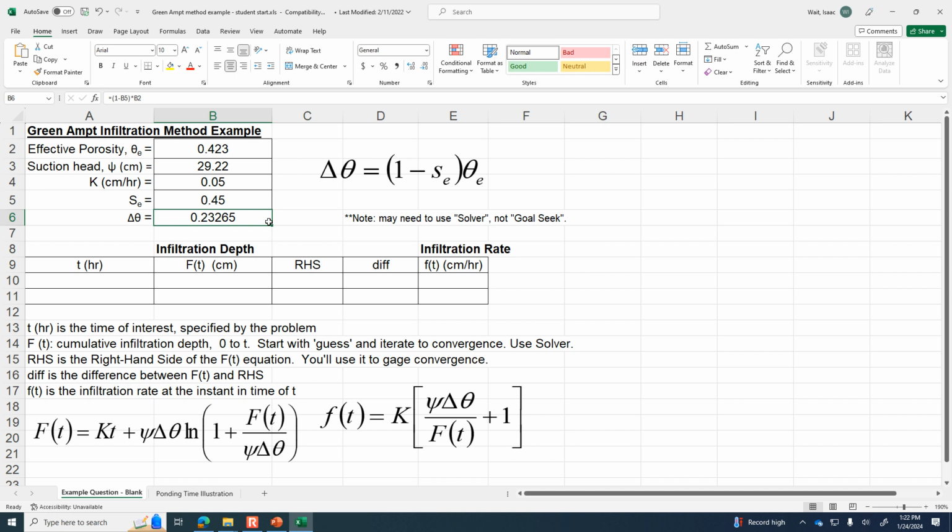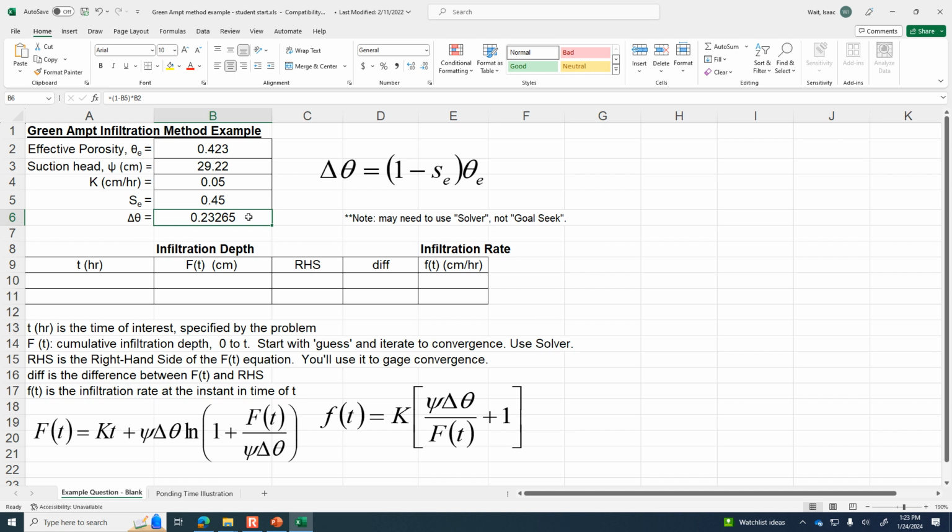So if this is 1 centimeter by 1 centimeter by 1 centimeter, then 23% of that is going to be increased water from the beginning of the storm to the end of the storm. If we think about it as a depth, if 1 centimeter of water penetrates, it's going to have to penetrate more than 1 centimeter vertically down, because some of the space below the surface already was water, some of it is soil grains, and only 23.2% of it is voids.